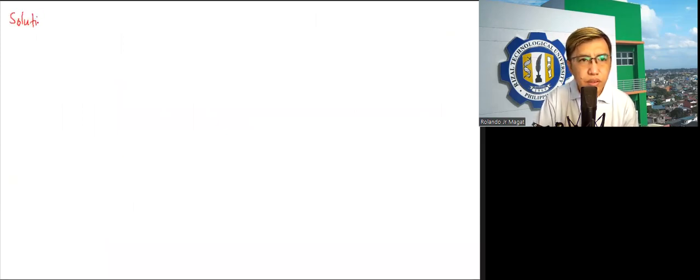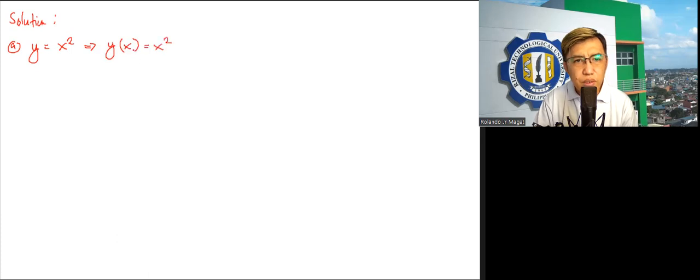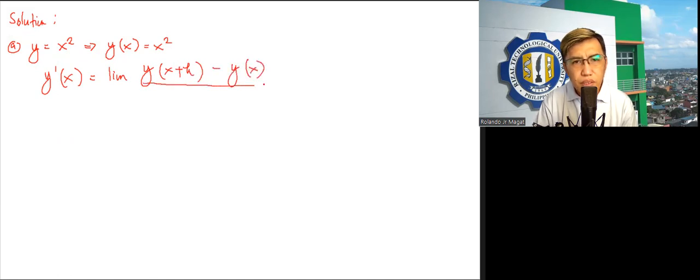For letter A, we have the function y equals x squared, which implies that we can rewrite this as y of x equals x squared, because y is dependent on x. So to calculate the derivative of the function y of x, that would be y prime of x, and we define it as the limit of y of x plus h minus y of x all over h as h approaches 0.